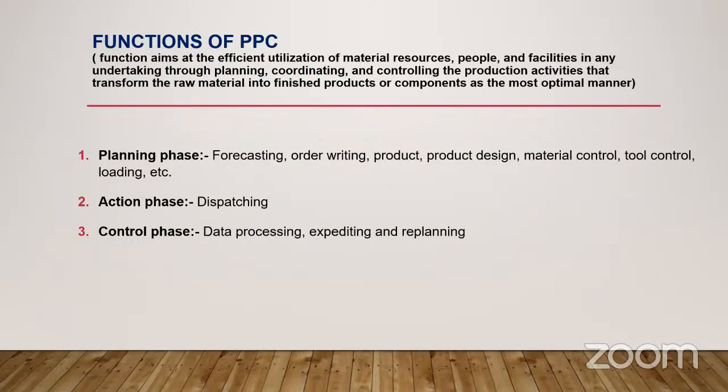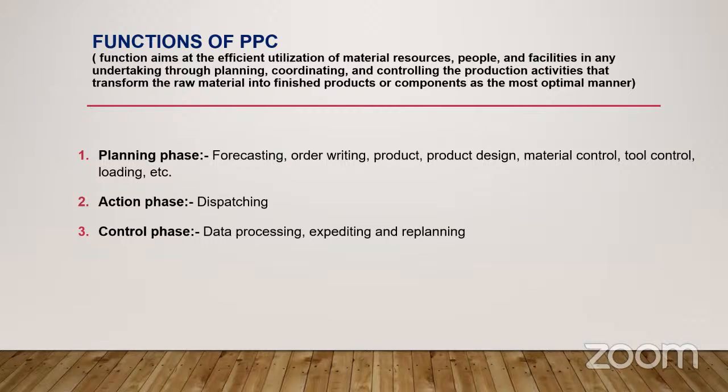Now, come to the next most important part. What are the functions of your production planning and control, or operation planning and control? The functions mean in which way you make the plan, optimize it, and execute things.